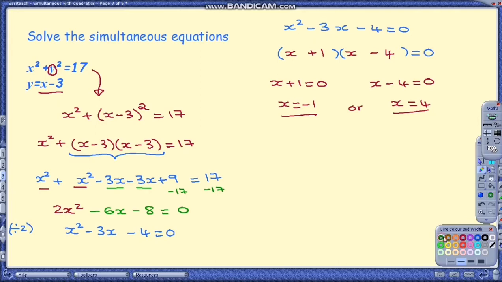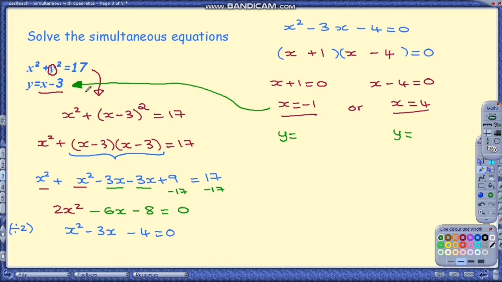And what's our last step? So normally in an exam, by this stage you get sort of 4 out of 5 marks, and then your last mark is to work out the y values. So the value of y and the value of y. And I'm going to substitute my values of x into this formula, because we already know what y is.